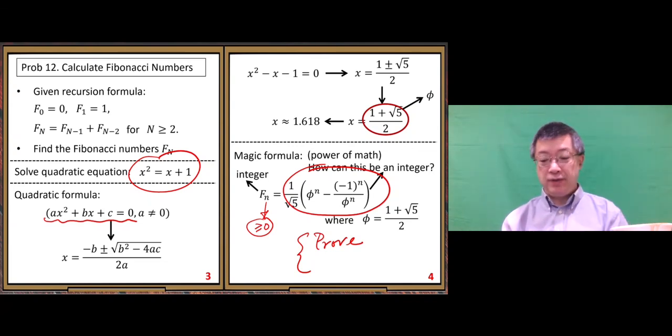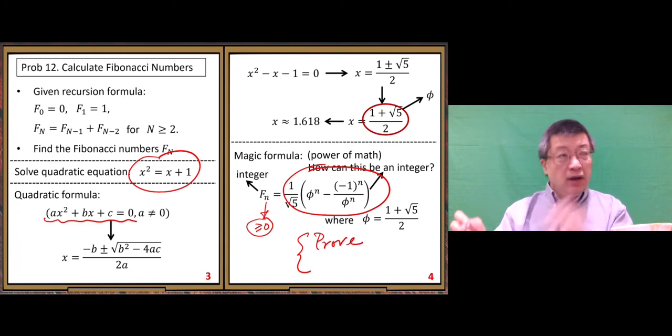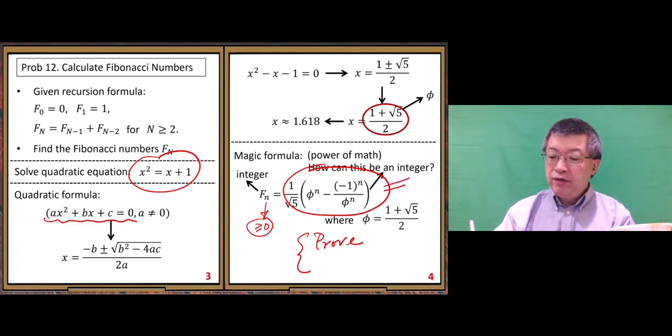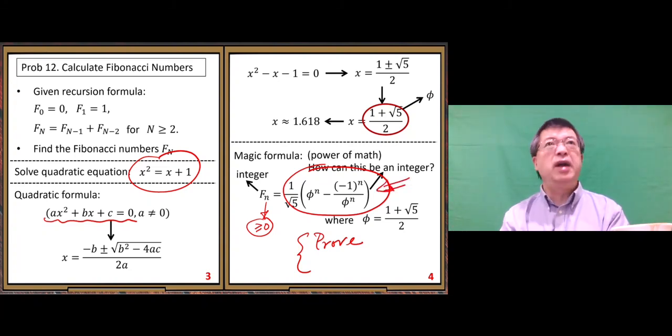The first method. The second method, we assume we do not know the result. Because this kind of formula, nobody can guess it. There is no reason that anyone can guess this complicated formula. Nobody is that smart. Someone has to derive it.